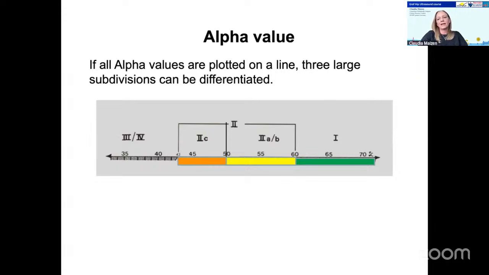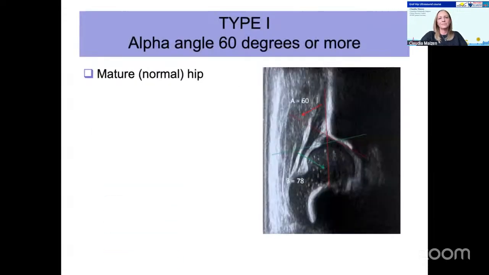But they are the critical hips. So their bony roof is so bad that those hips tend to also go on to be dislocated. So the cartilage, which is mainly providing coverage for those hips, can be deformed. And then this hip can turn into a type 3 and 4 hip, a dislocated hip.